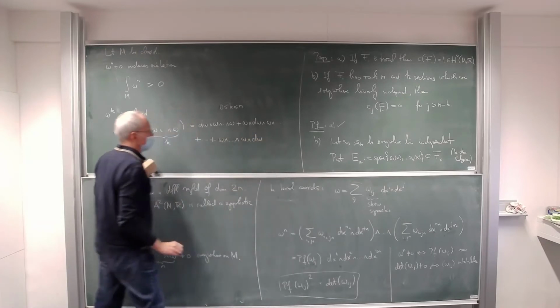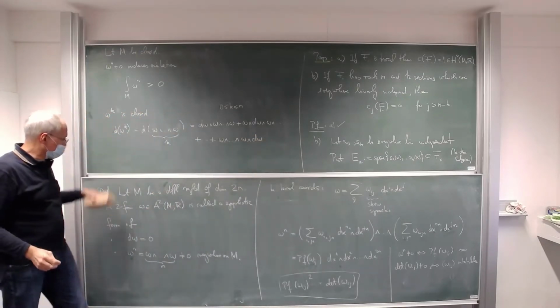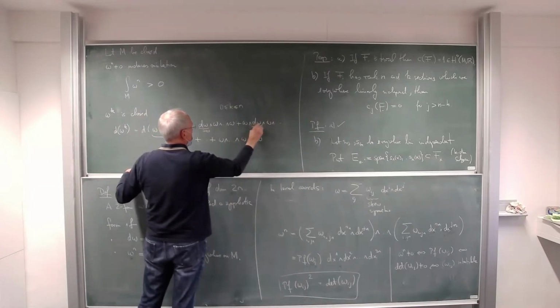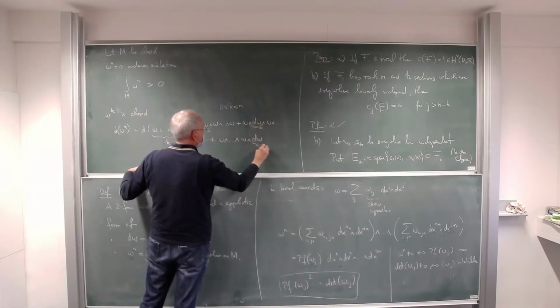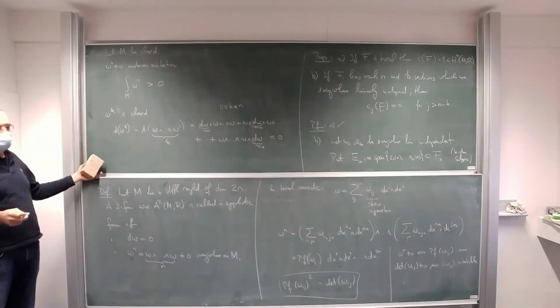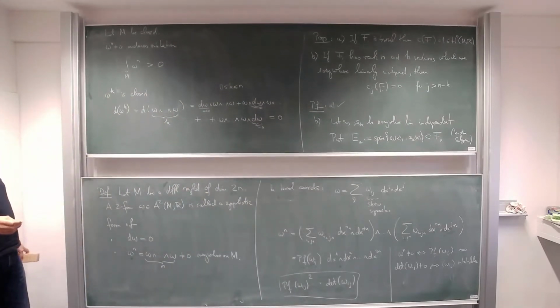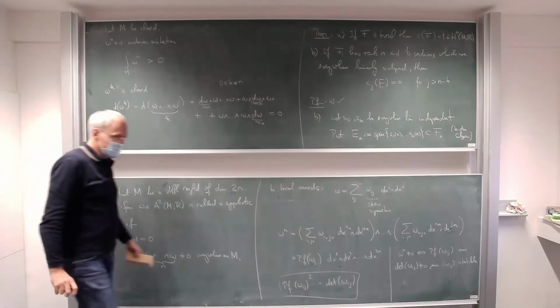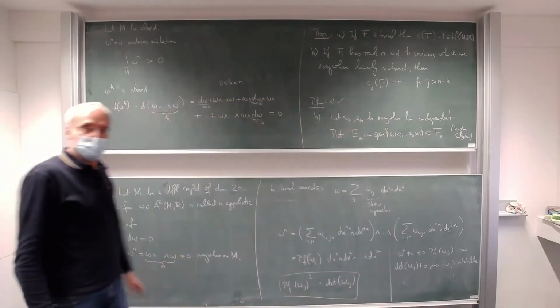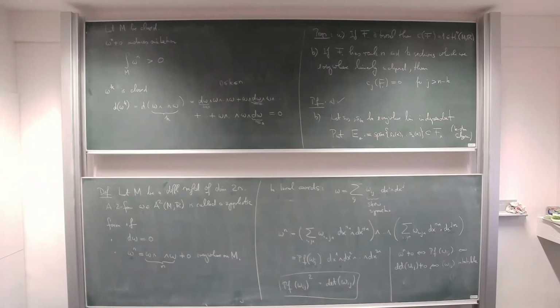But d omega itself is supposed to be 0. So we'll always have one 0 factor in here. So we get 0. So the powers are also closed. Question: are they exact? Do they represent a trivial or a non-trivial cohomology class?